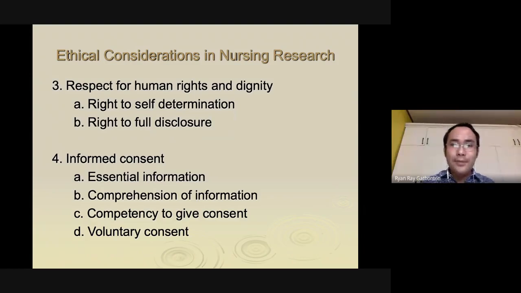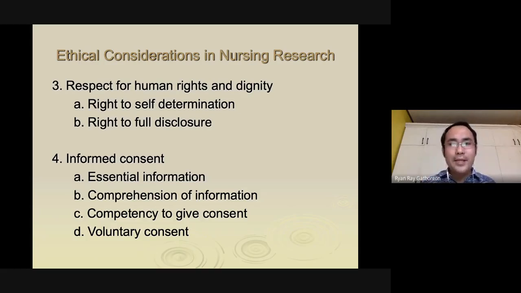Informed consent also involves competency to give consent, or their ability to say yes or no. When that person has the ability to give consent, it means that they are legally capable, above 18 years of age, and they are mentally sound to listen to your explanation. So that's your competency to give consent.